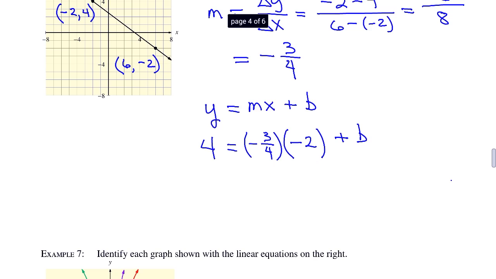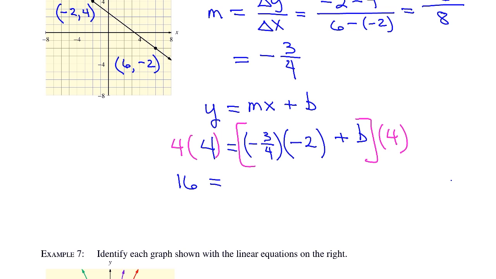To solve this equation, we can multiply by the least common denominator. I'll use the denominator there, which is a 4. That gives me 16 is equal to 6 plus 4b.